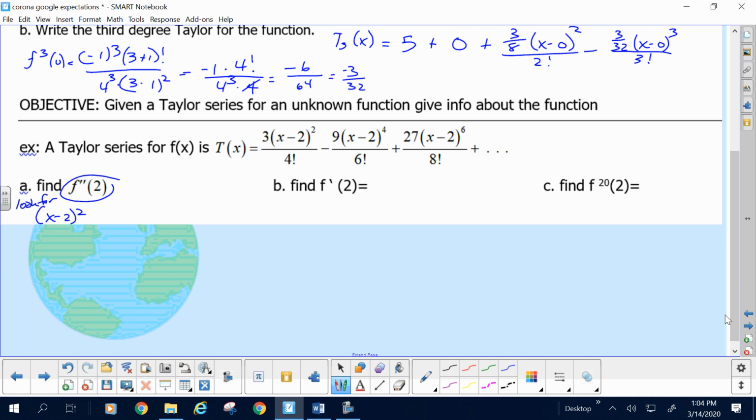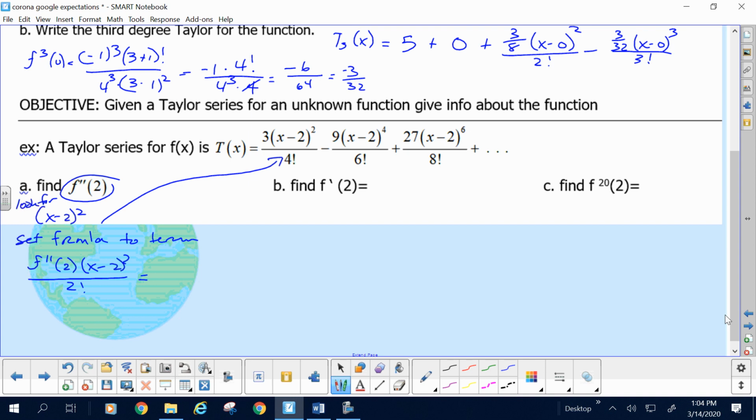So after I have identified where I'm going to look, then I usually set the formula generally equal to the term. Now the general formula for Taylor is the second derivative at 2 times x minus 2 squared over 2 factorial. That's how I would generate the second degree term according to the formula.